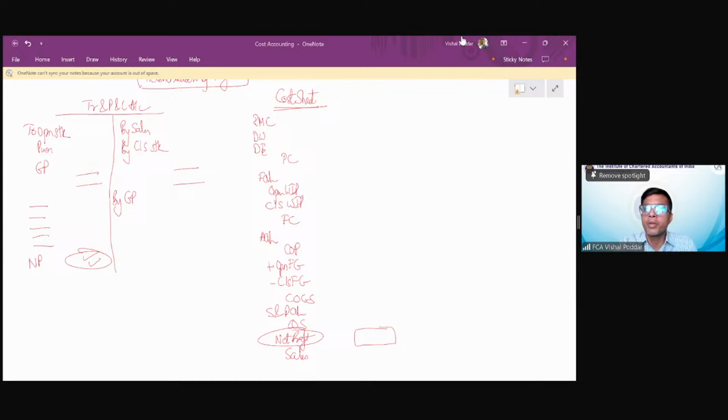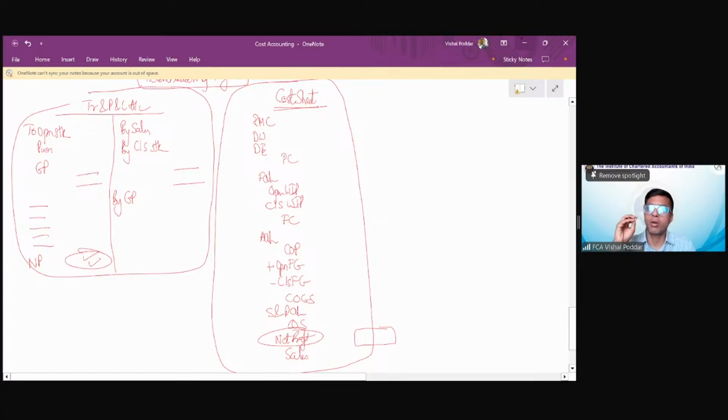Now, since these profits are different, the question is, why are they different? And if they are different, is something wrong? Answer is nothing is wrong. Both these are separate statements prepared under separate books with separate or different logics.